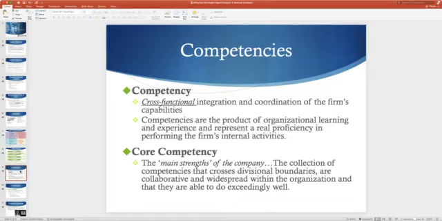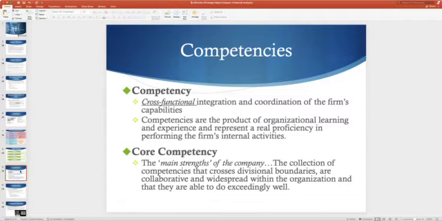Now, secondly, beyond competencies, we look at whether that competency is a core competency. Is it a main strength of that company? Again, this is a collection of these competencies, and they cross divisional boundaries. They are collaborative and widespread within that organization.